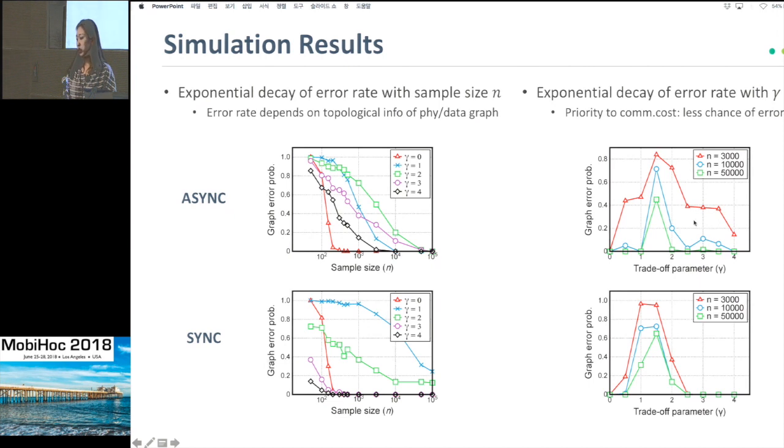But here we can find that for a large value of gamma, which means that we put more priority on the communication cost instead of the inference quality, so that our problem is to find the data dependency graph with the minimum communication cost, in that case, since the communication cost is deterministically given, there is less chance of error events.